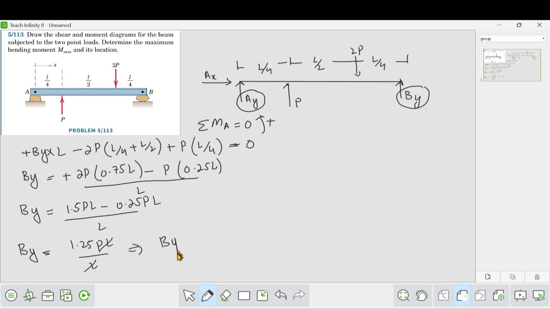So By is equal to 1.25 P. This reaction has been found, 1.25 P.